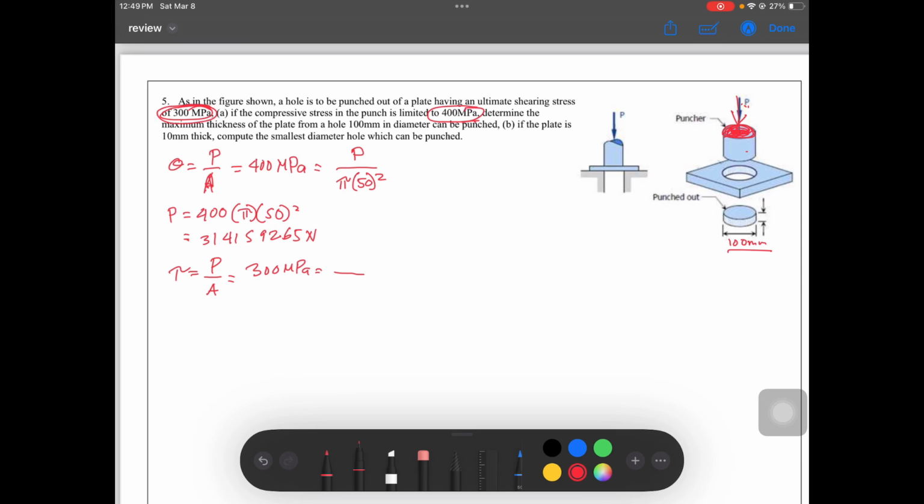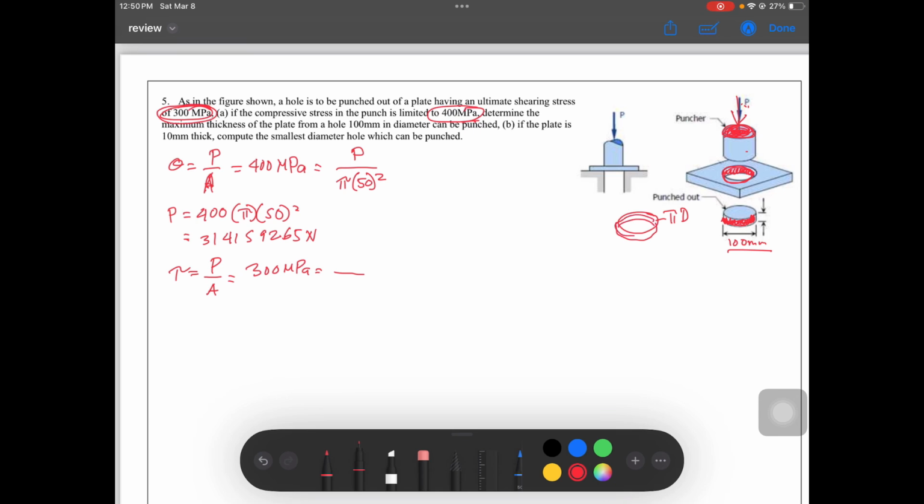And then, nasaan naman nangyayari yung shearing natin? So, ito yung mag-shear. Itong circumference at yung gilid ng cylinder na punch out. Okay? How do you get yung area ng shearing na to? It is yung circumference ng circle which is pi d times yung thickness.